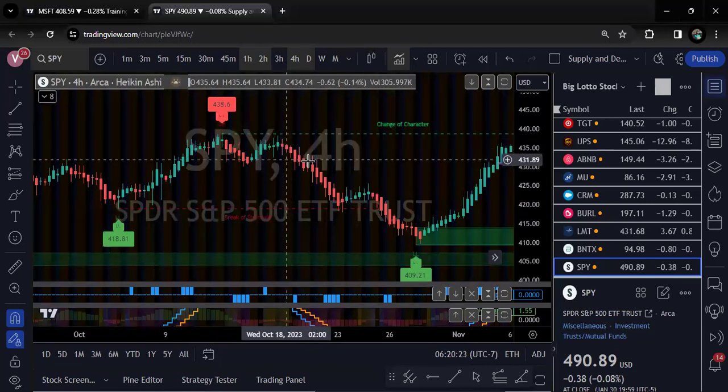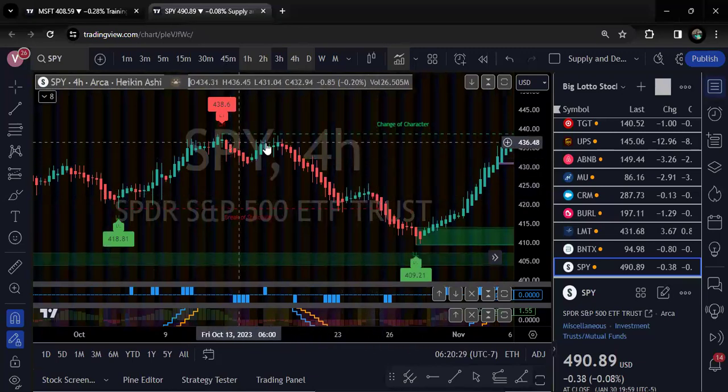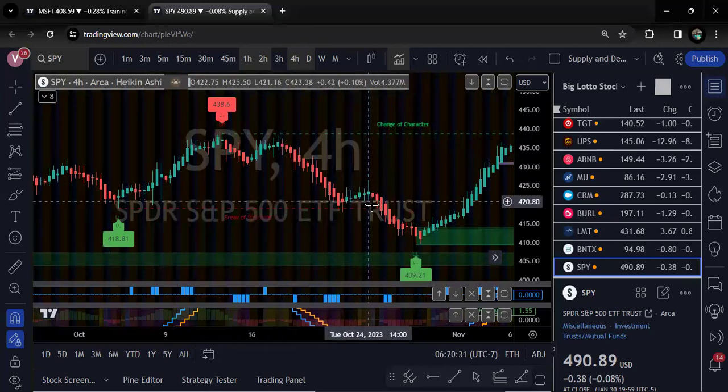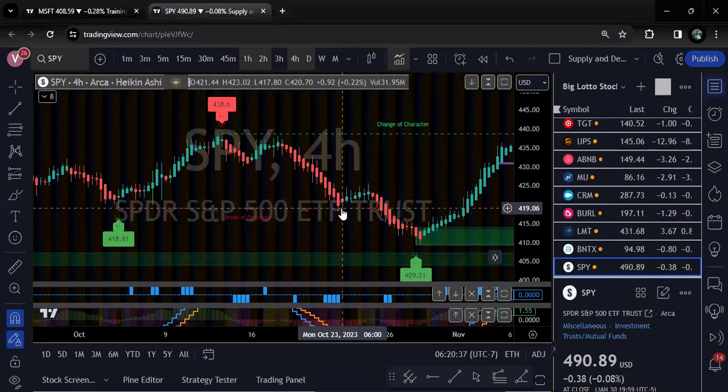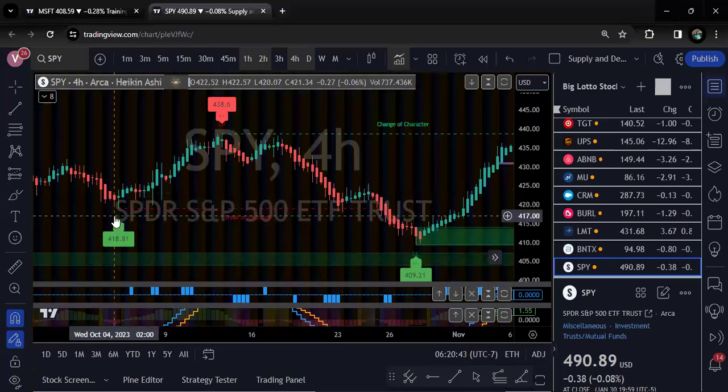So we have 1, 2, 3, 4. It had a shallow pullback here. And then from the 17th, when we retested this level, was the 23rd. So it took almost 6 days to retest this level, went up slightly, and then continued to break.